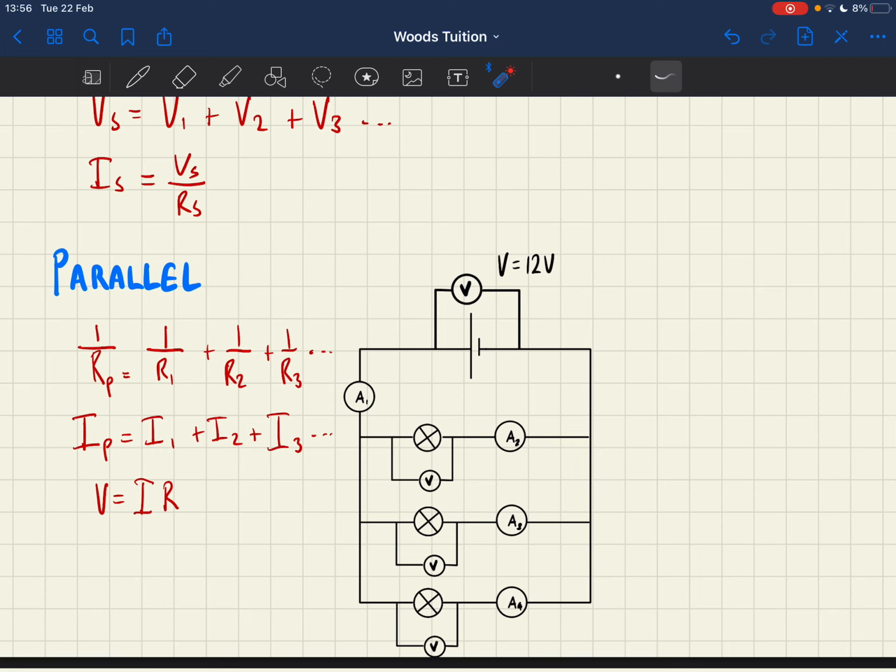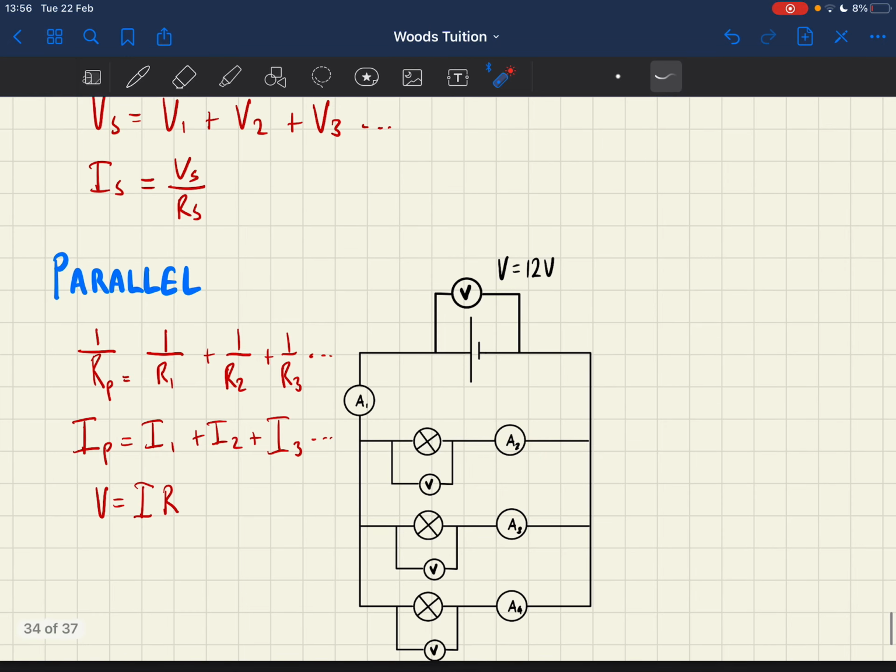The ammeters have negligible resistance. These bulbs all have a resistance equal to 3 ohms, and the resistance of a parallel circuit is 1 over Rp equals 1 over the resistance of one component plus 1 over the resistance of the other component on each branch.